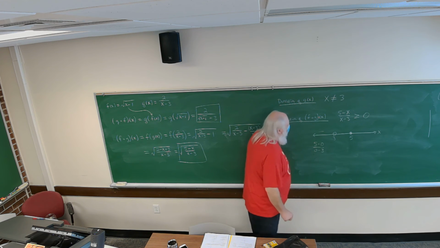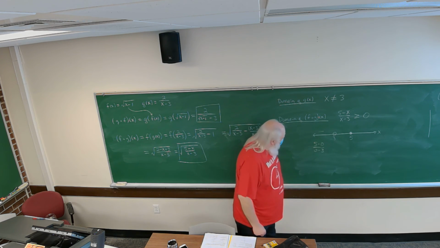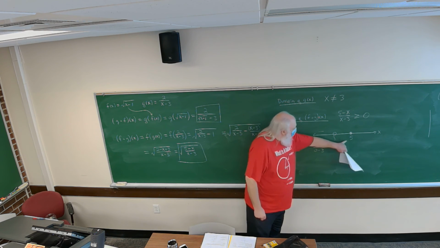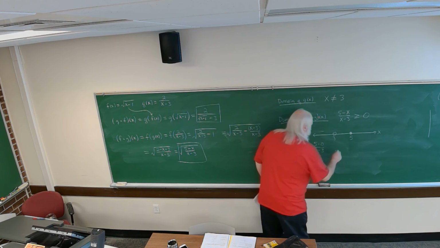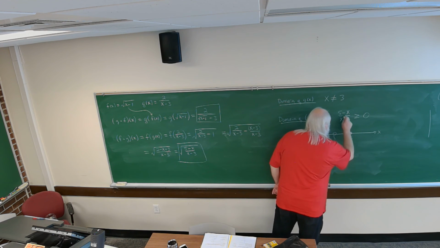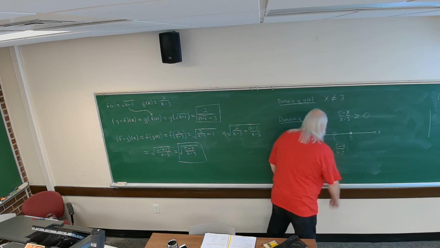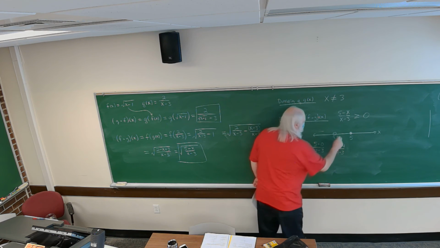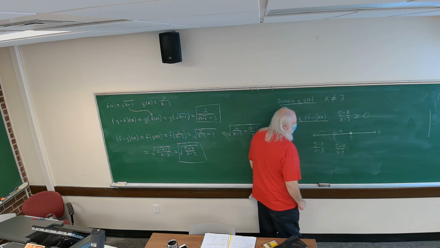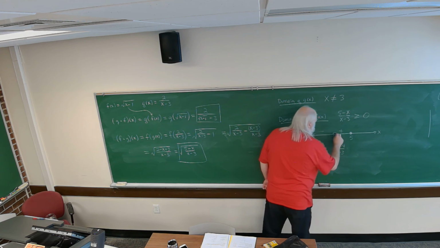So none of those numbers less than 3 satisfy this inequality. Then you had the interval from 3 to 5. 4 is in there. When you put 4 into the rational expression, you have 5 minus 4 over 4 minus 3. That's 1 over 1, which is positive. So any number greater than 3 and less than 5 makes the left-hand side greater than 0. So these numbers work.